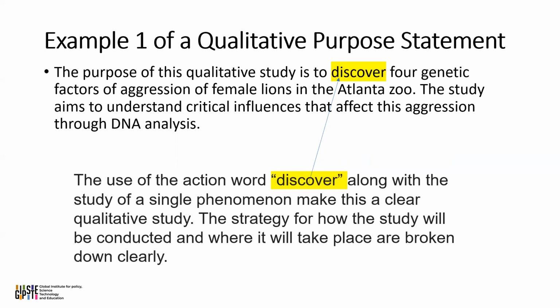If you look at this particular purpose, the use of the action word, the verb discover, along with the study of a single phenomenon, because remember, qualitative purpose statements look at a specific phenomenon. So the use of the word discover, underline the discover, which is mapped to the discover in the purpose, along with the study of a single phenomenon, makes this a clear qualitative study.